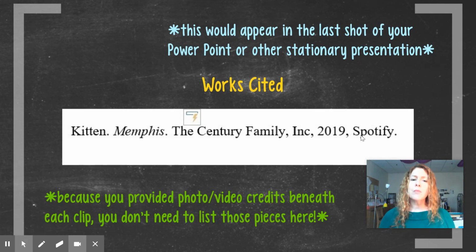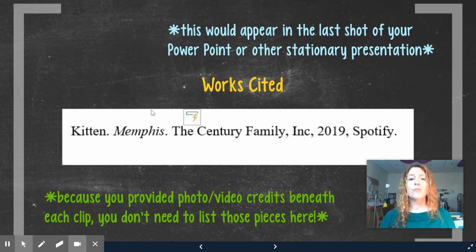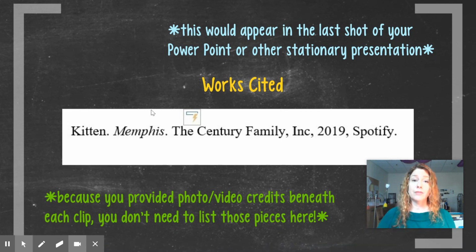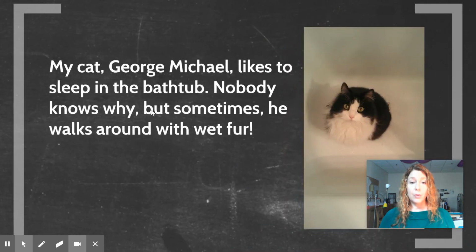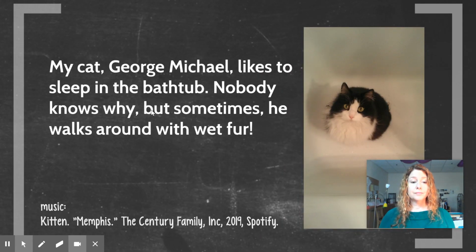But here's a question. What if we want to put this particular entry right in our slide, right? Because it seems kind of funny that it's all by itself on this last slide. What if we do want to put it back on that slide? Well, we can, just by putting it right at the bottom.